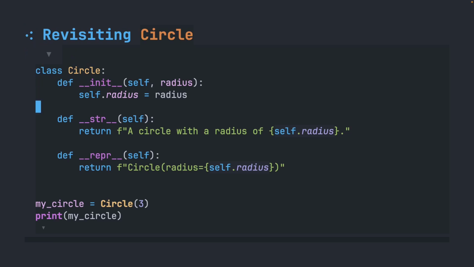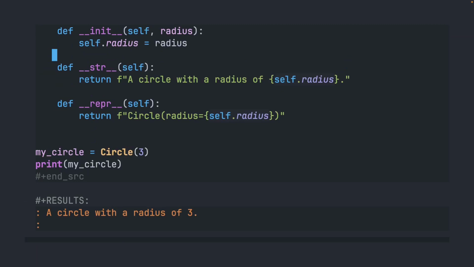So here I've removed the two methods that we used for calculating the area and the circumference, and I've only written in the dunder str and the dunder repr methods. If we print this directly and take a look at the results, you'll see that it actually uses the str method when we try to print out the circle directly.